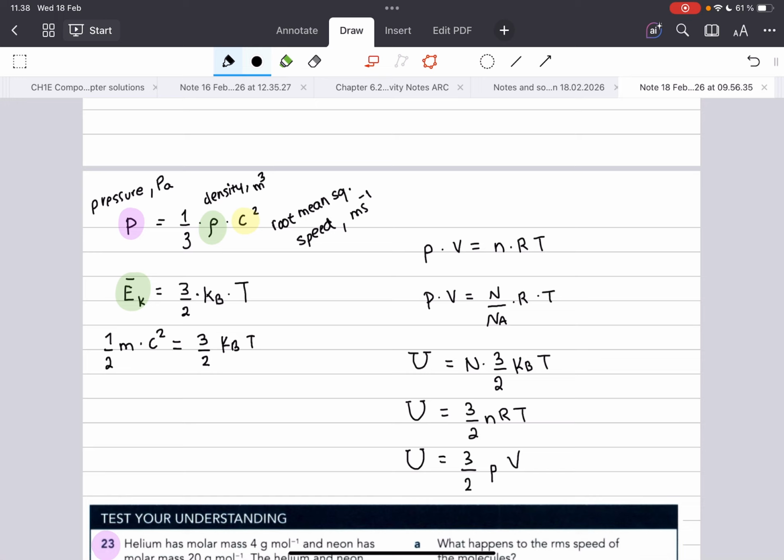So you can cancel out the 2's and you can see the root mean square speed can be written as the square root of 3 kBT divided by the mass. And this is the average speed per particle in a way, even though that's not totally correct. That's what it stands for.